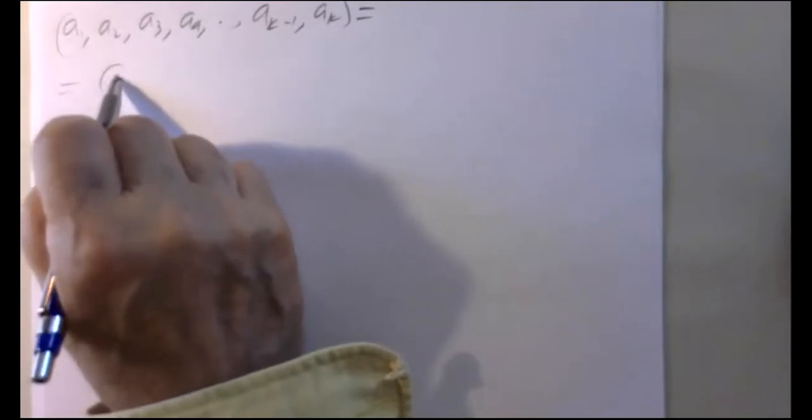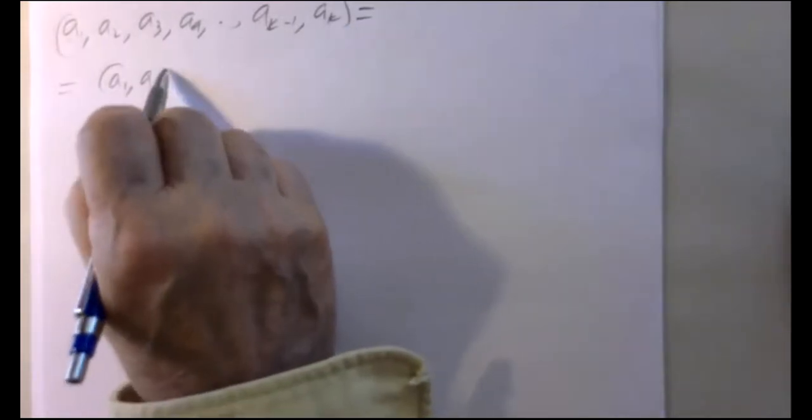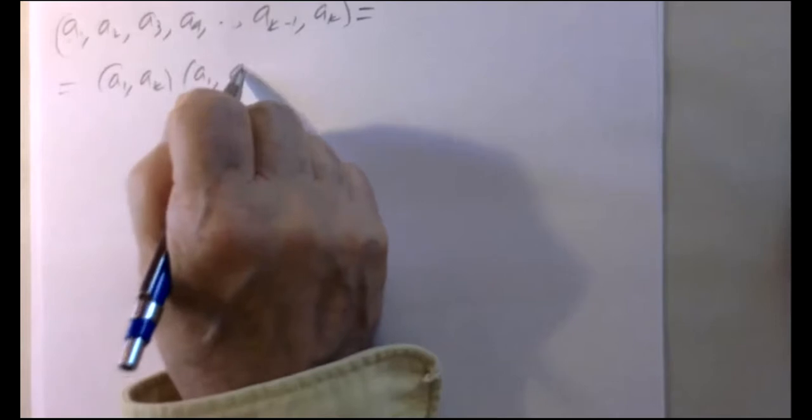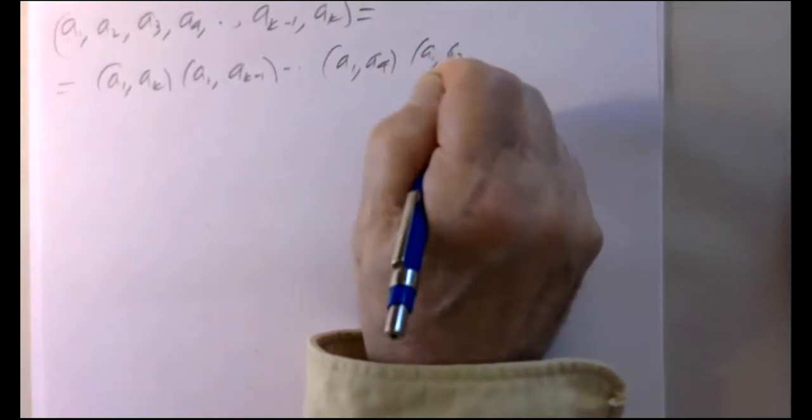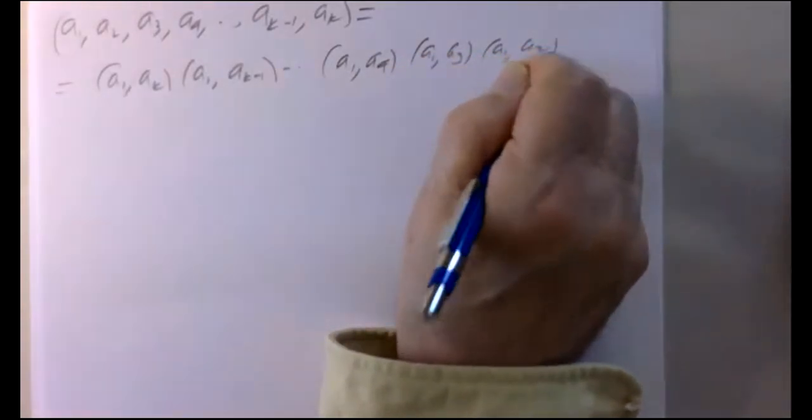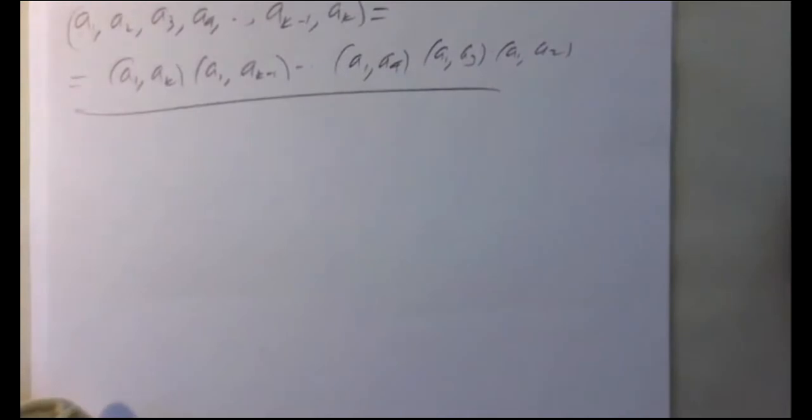You take a1 and write the transposition of a1 with each of the other k minus 1 numbers in the reverse order. So (a1 ak)(a1 ak-1) ... (a1 a4)(a1 a3)(a1 a2). So this always works.